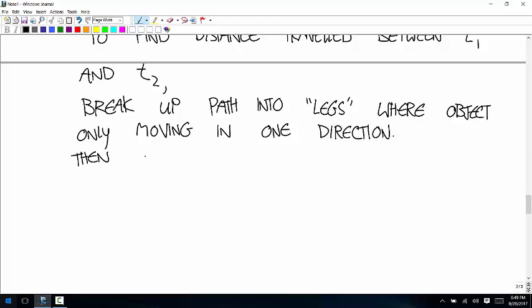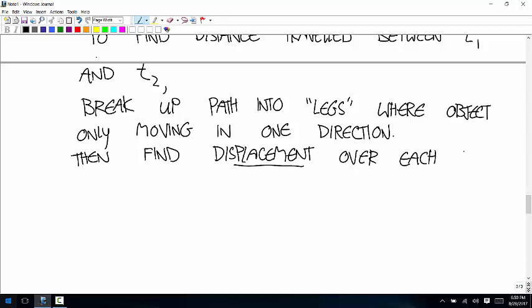Then find the displacement over each leg, and take the absolute value of that displacement.